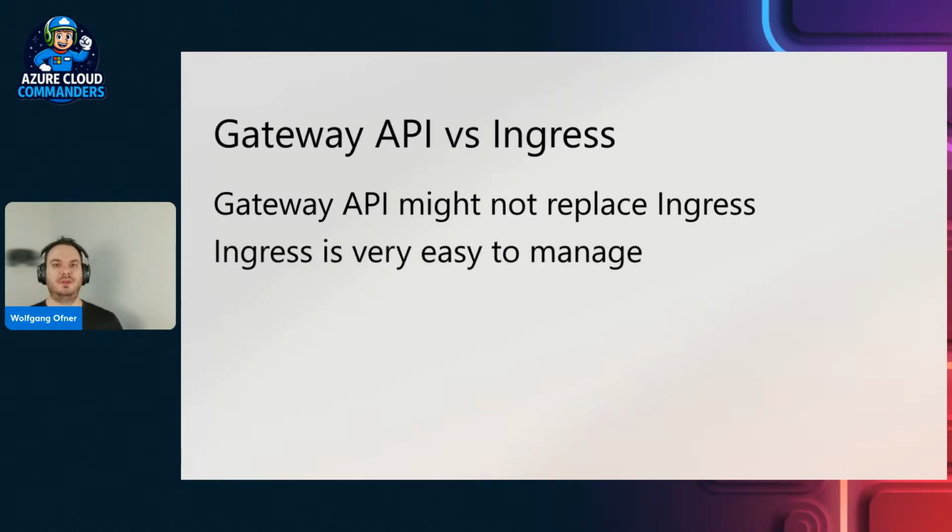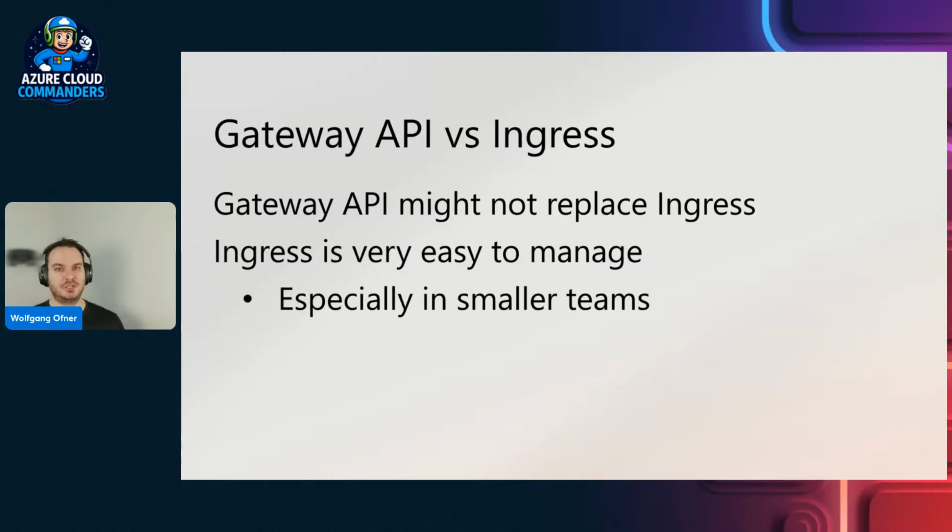Especially if you have a small team or not that much knowledge about it. If you got started with Ingress once and it works, then you might just reuse it the next time you need it again. And this is especially true if you have a small team. If I have like 2 or 3 teams that use one Ingress controller, the configuration doesn't get too large. I still know what's going on, and so I just might use it.